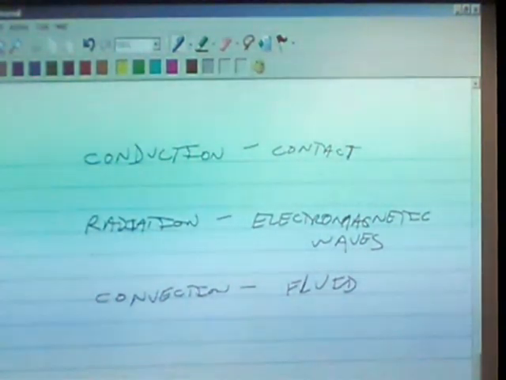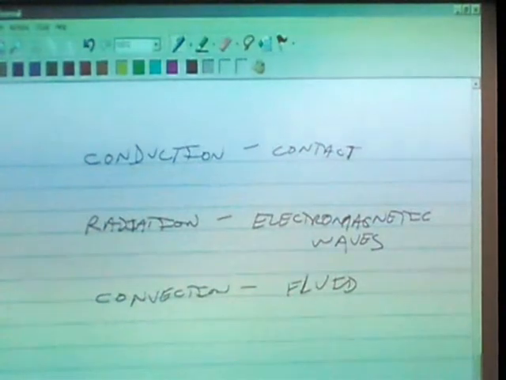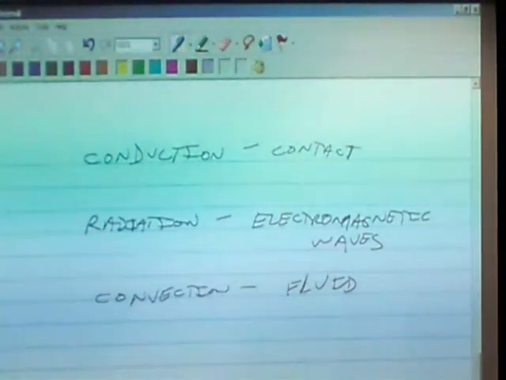Now, let's apply that to a convection oven. A convection oven is different than a conventional oven. In how? What does it do? If we sit in a conventional oven, what will happen over time?